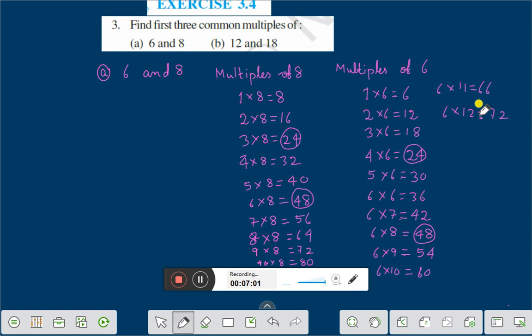That is 11 into 8 is equal to 88. And here you have to write 6 into 13, that is 78.